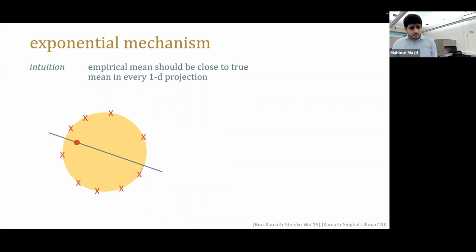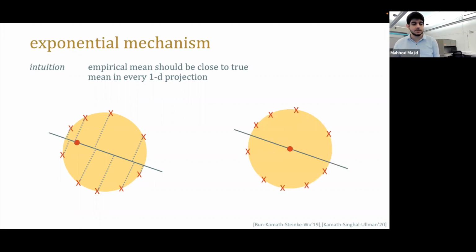So if a candidate point, say the red dot here, has some direction in which this point is far from the mean of the 1D projections, then this point is probably not going to be a very good point for estimating the true mean.